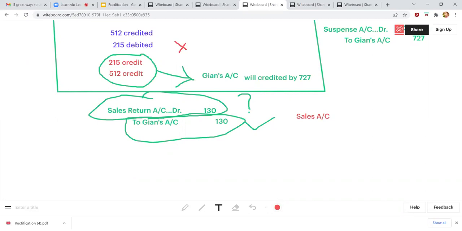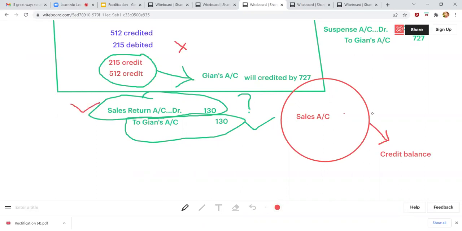As we know, the nature of sales account is credit, credit balance. So here the mistake occurred in this part and in this part. So we have to rectify this.